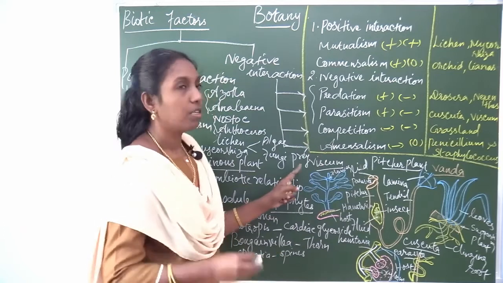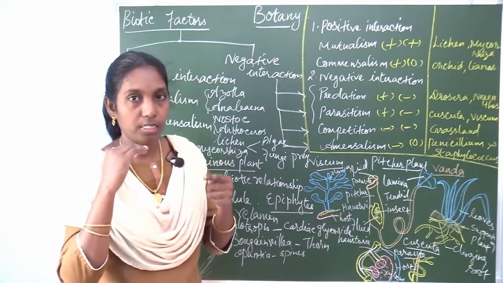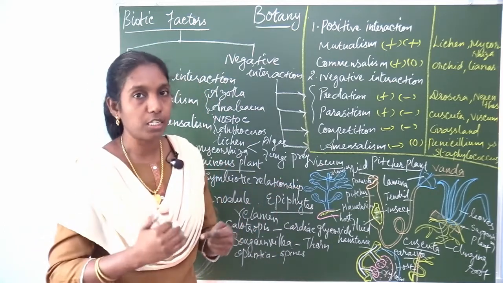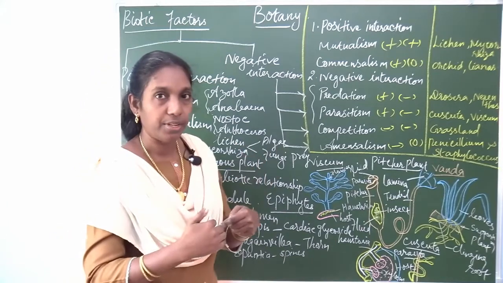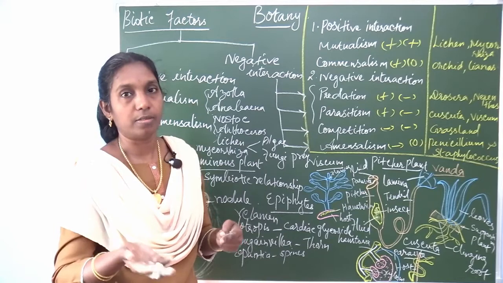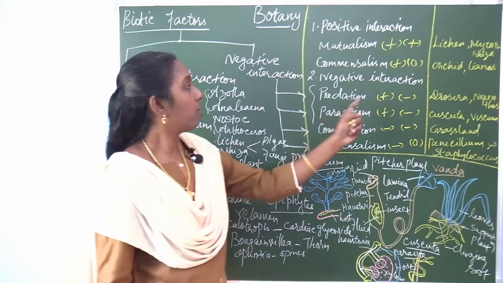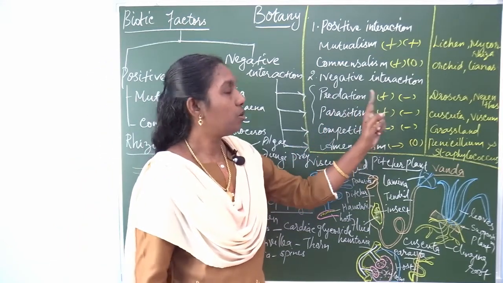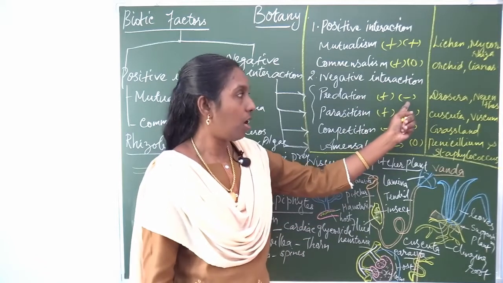The predator takes it as its food. It kills one organism and takes it as food. So one is benefited, it gets its food by killing the other organism, and the other is harmed. That's why predation is positive for one and harmful for the other.